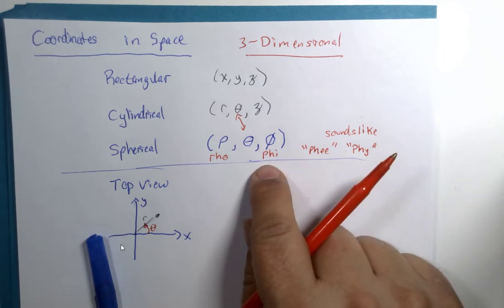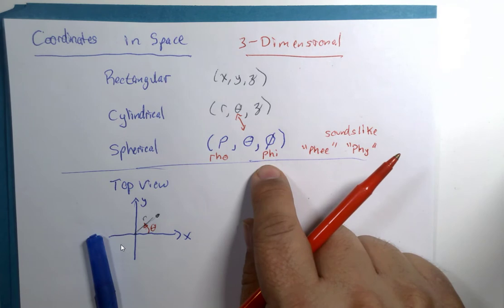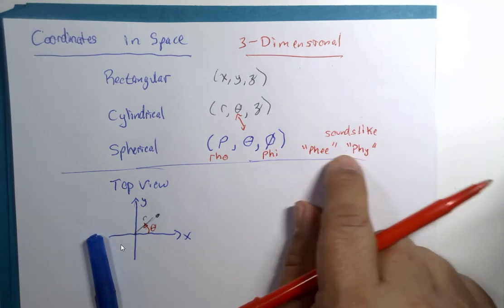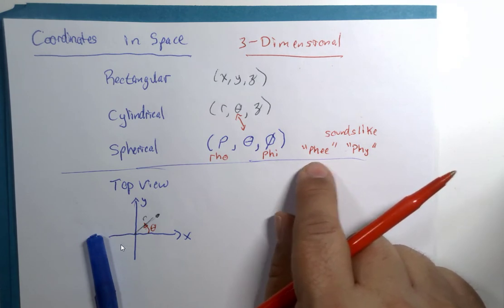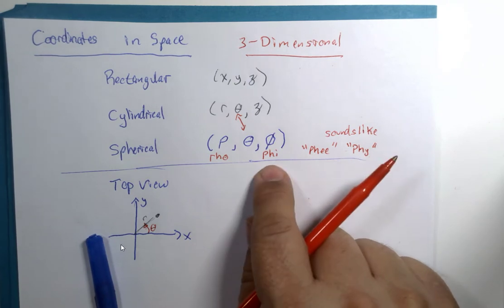I'm going to usually call this phi because that's what most of my college instructors called it. But again, this is one of those tomato situations, where the pronunciation may be different in different parts of the region. So rho, theta, and phi.